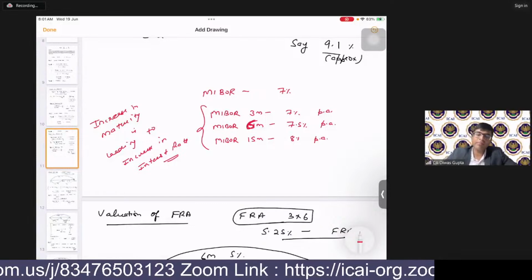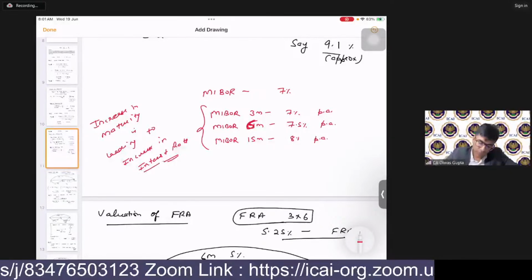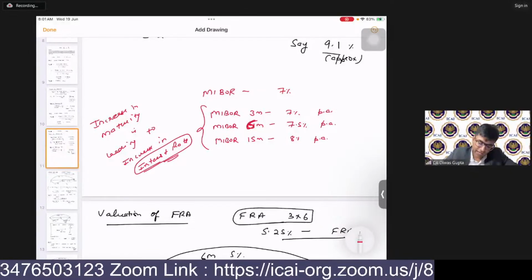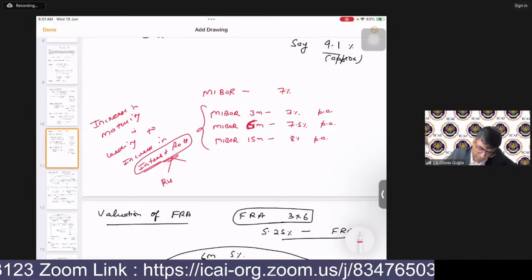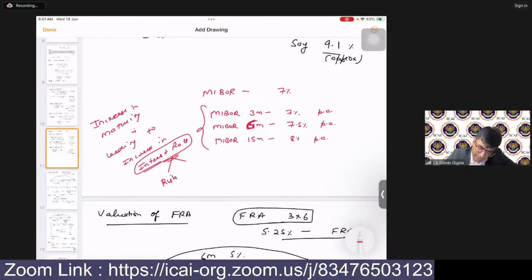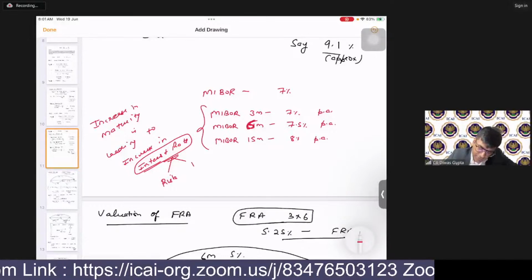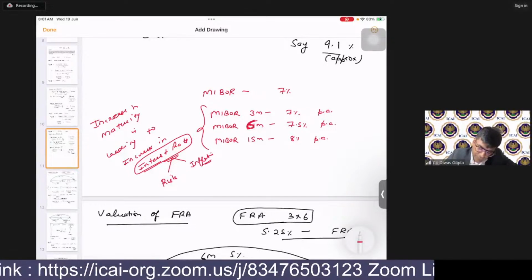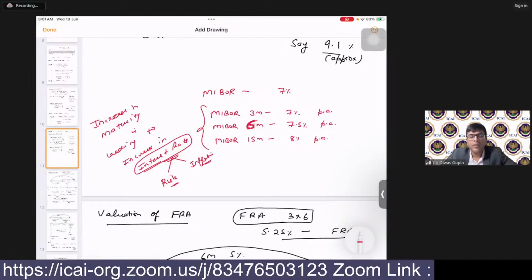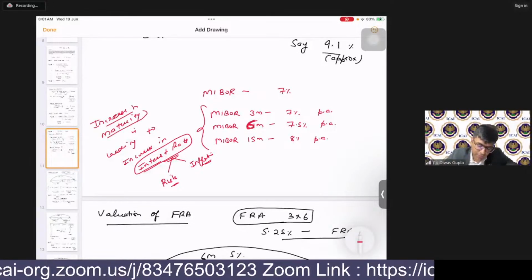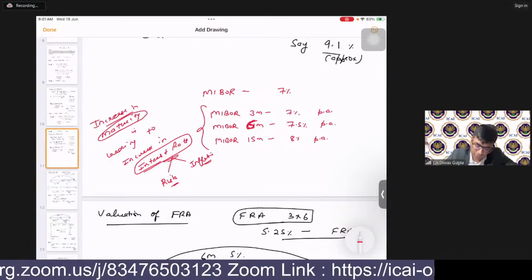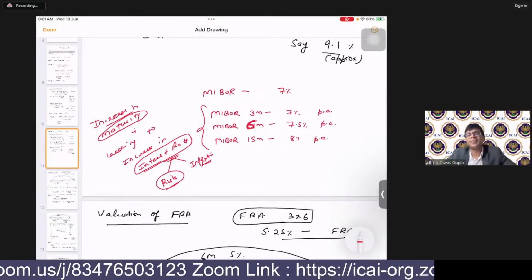I can relate it back to the interest rates. Why is interest rate paid? There were two reasons, right? One is risk, and second one was inflation. So don't you think if you increase the maturity period, the risk also increases?